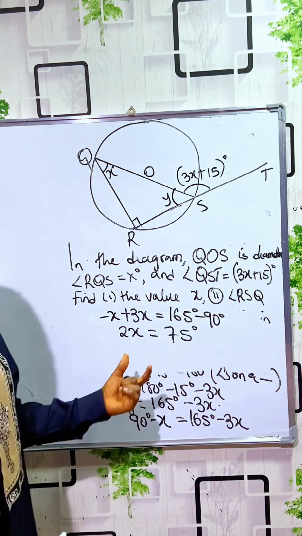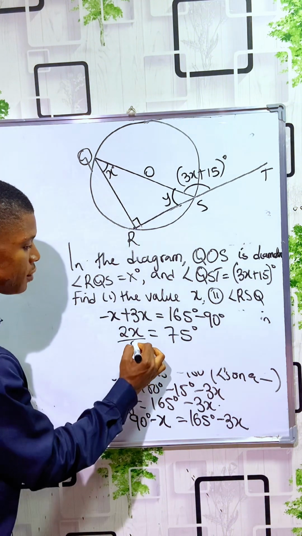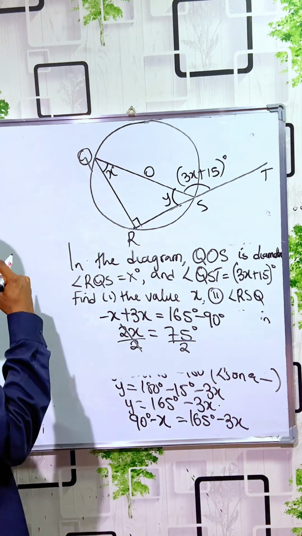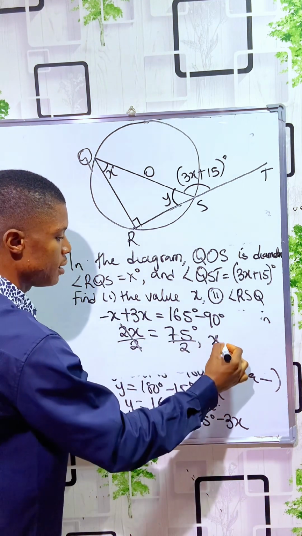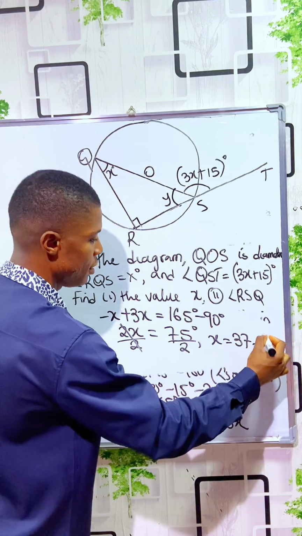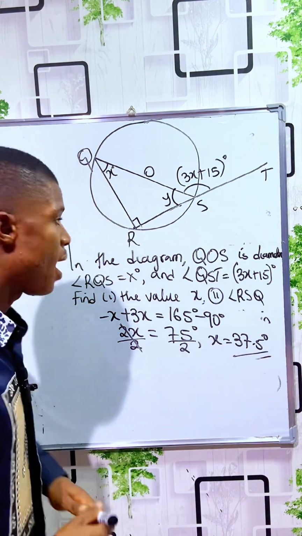Since 2x is 75 degrees, you just have to divide through by 2. If you divide through by 2, you see that x is equal to 37.5 degrees. And that's it, we've gotten x to be 37.5.